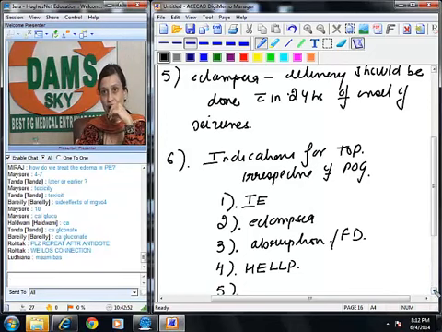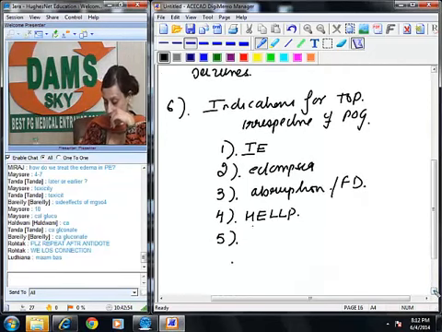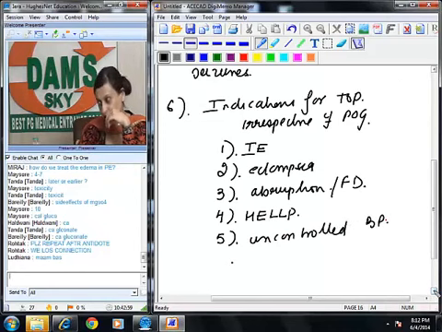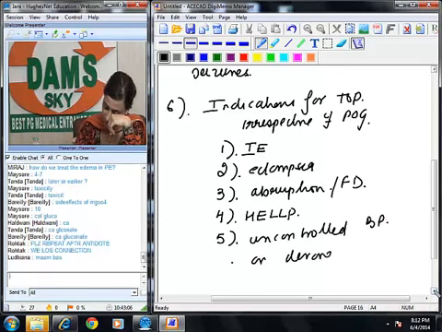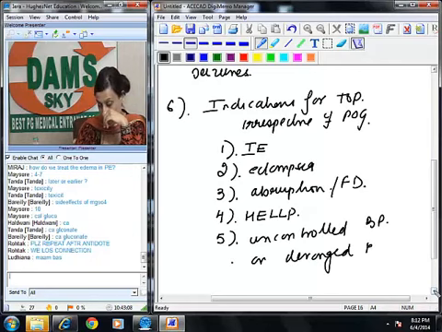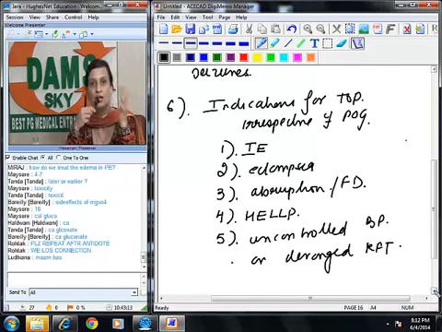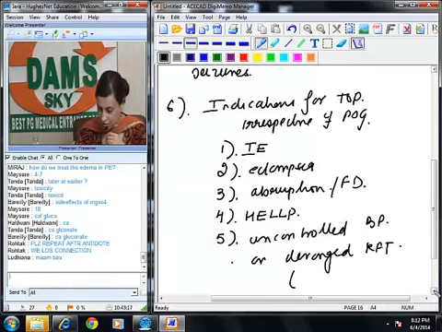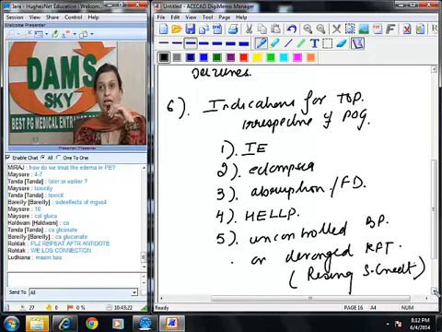Fifth indication for termination is uncontrolled blood pressure, or deranged kidney function tests. So if the kidney function tests are going on deteriorating and her creatinine is going on rising, so rising serum creatinine would again be an indication for termination of pregnancy.